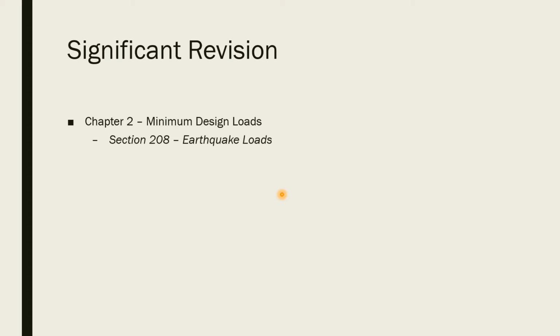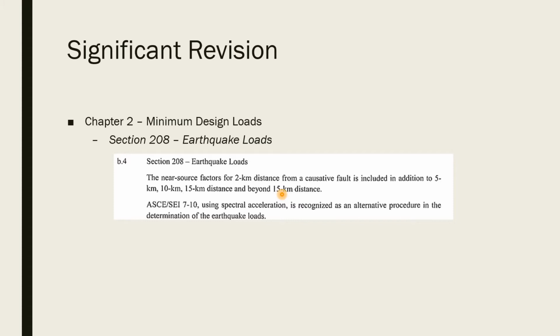Kabilang dyan yung ating earthquake loads na nasa section 208. At ang sabi, okay, the near source factors for 2 kilometer distance from a causative fault is included in addition to 5, 10, and 15 kilometers. So, merong naidagdag na 2 kilometers. Okay, so ayan yon.